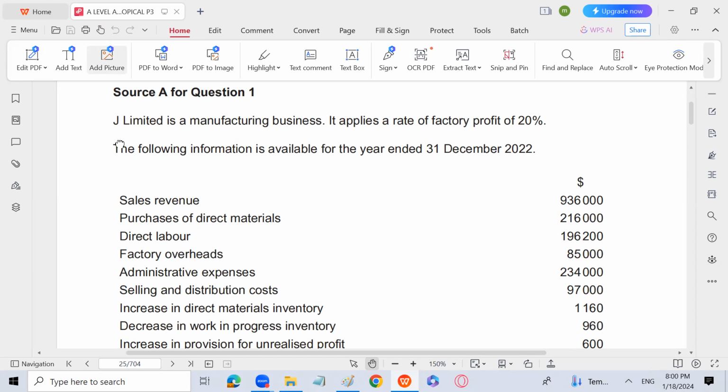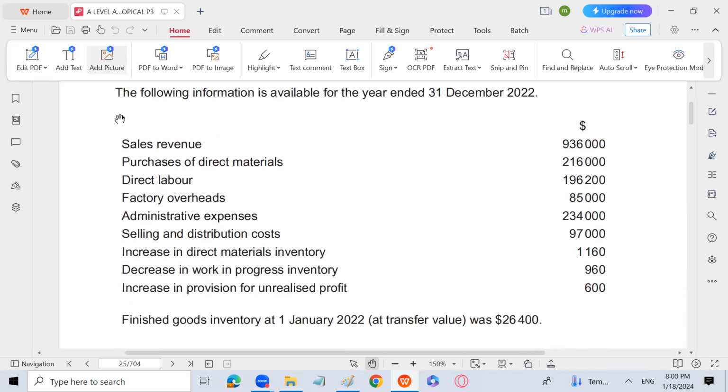Sales revenue, purchase of direct material, direct labor, given factory overheads, admin expenses, selling and distribution, increase in direct material inventory and decrease in work in progress inventory. And next is increase in provision for unrealized profit, and finished goods inventory at 1st January at transfer value was 26,000.